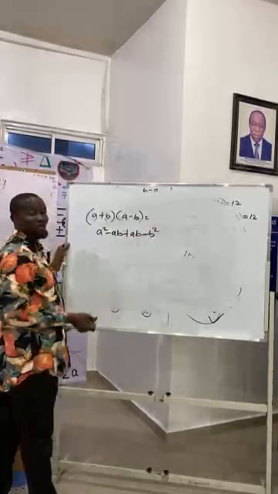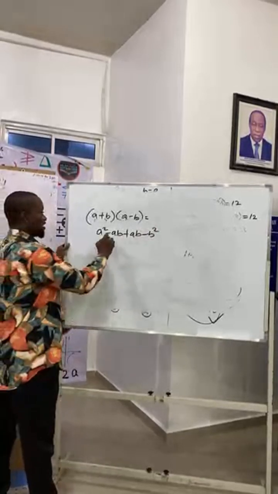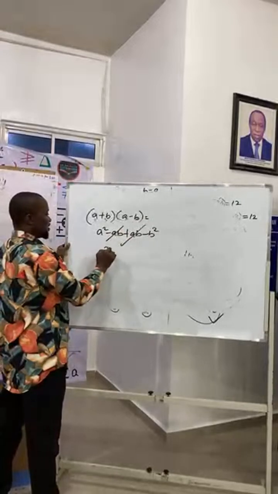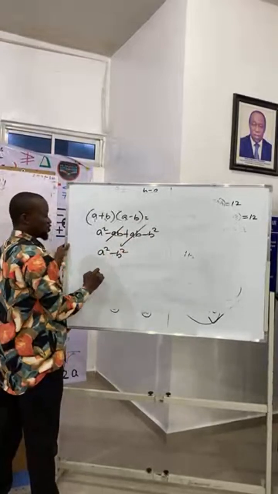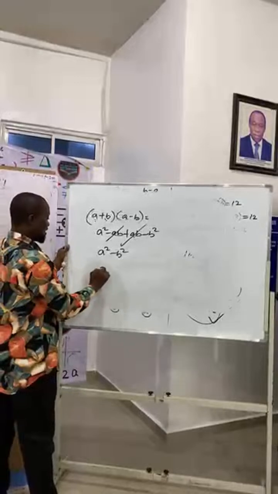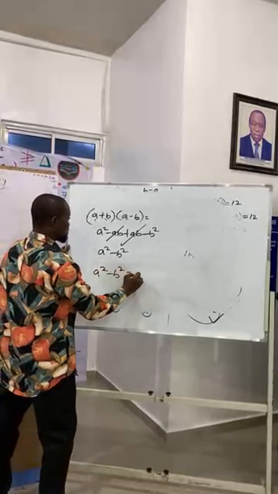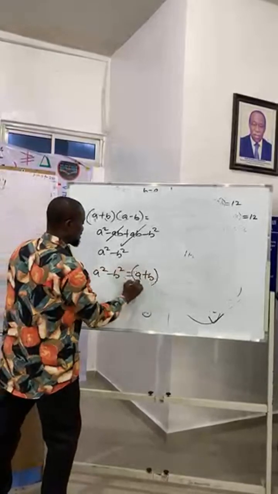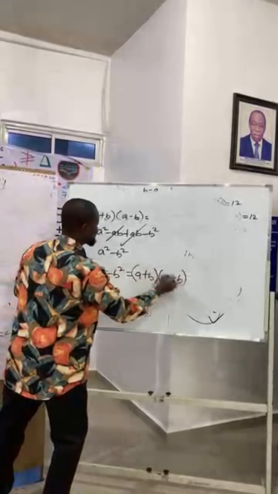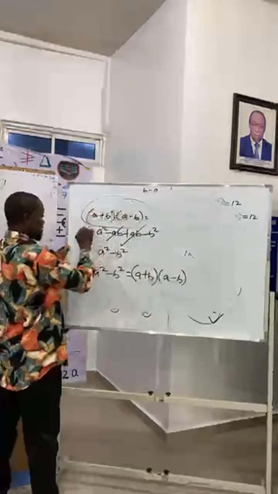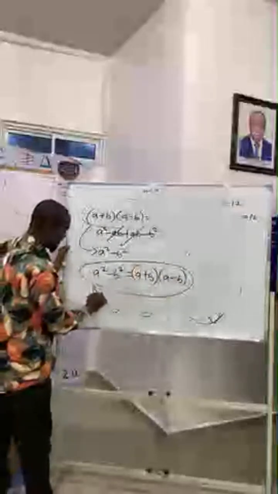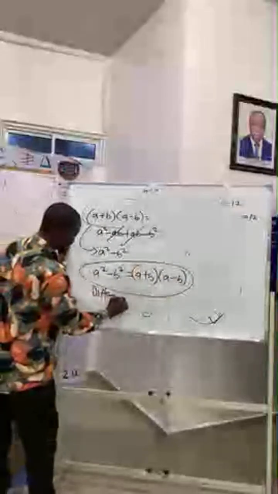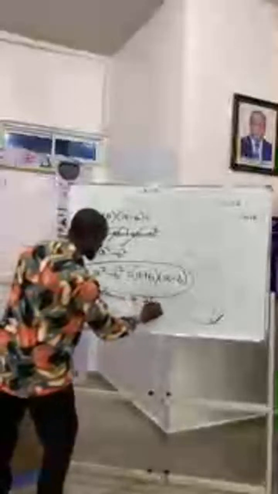Minus AB plus AB is gone. What do you have? A square minus B square. So you can agree with me that A squared minus B squared equals A plus B and A minus B. This is what is happening from here. So this is what we call difference of two squares.